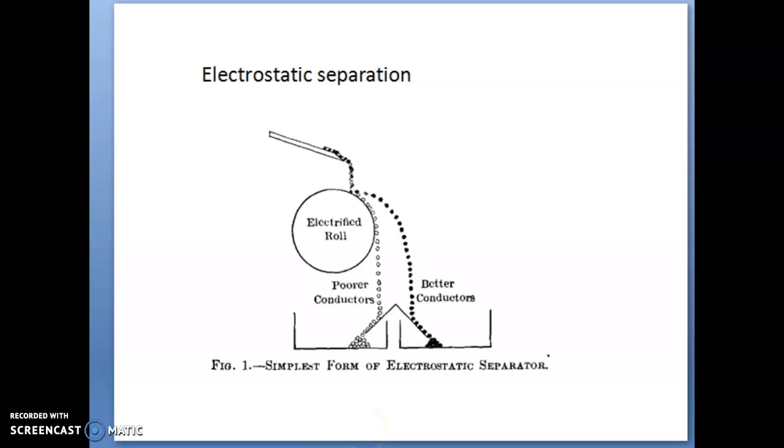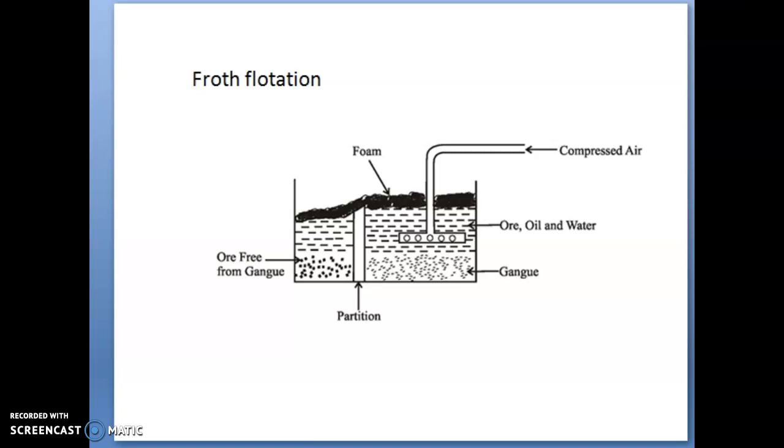And the next one is the froth flotation process. The basic principle of froth flotation is the preferential wetting of the solid by liquids. Finely powdered ore is put in water, a small quantity of oil is added, and a stream of compressed air is applied. The oil, water and ore particles form a froth or foam, and the lighter gangue particles stay below in the water.